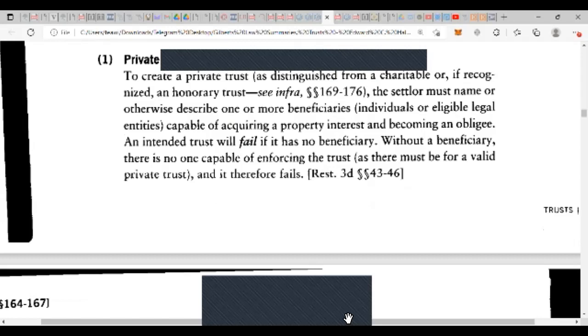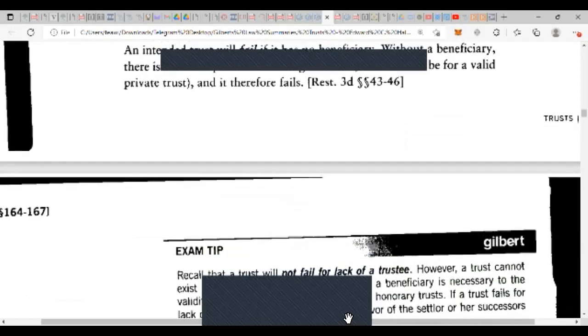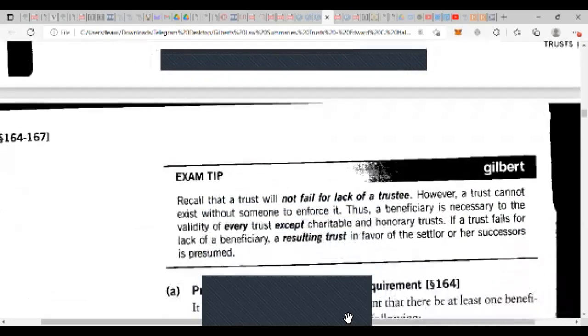An intended trust will fail if it has no beneficiaries. Without a beneficiary, there is no one capable of enforcing the trust, and there must be for a valid private trust, and it therefore fails.